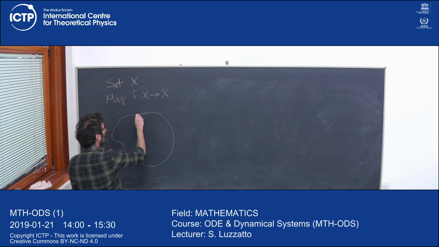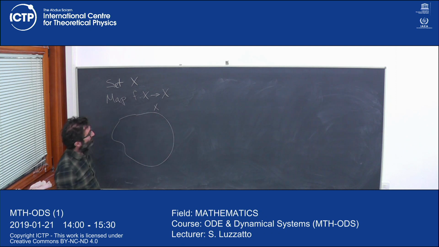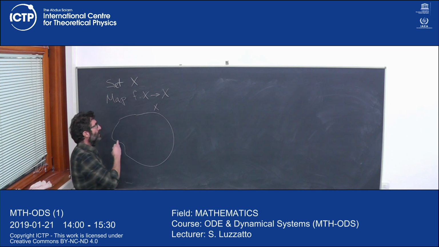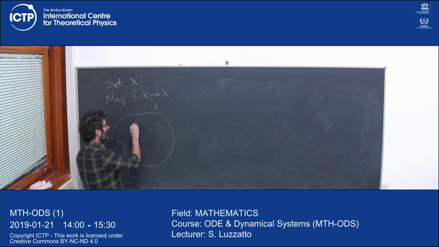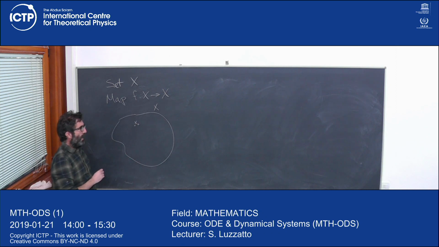So here we have our set X. And a map means that you take some point here, let's call it x0, and you apply the map. Right?